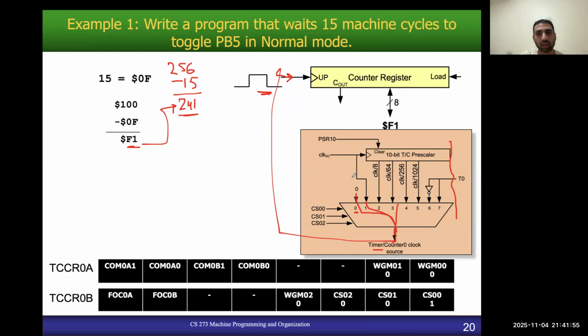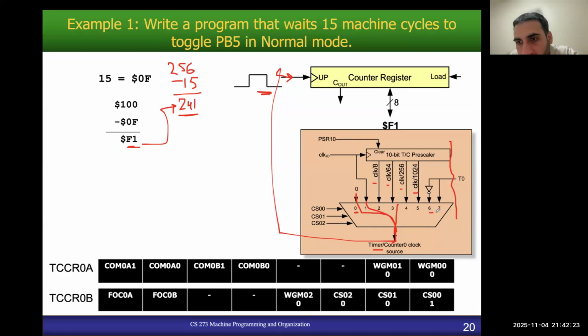So if your microcontroller is working at 8 megahertz, your timer will also operate at 8 megahertz. The next options 2, 3, 4, and 5 are slower clocks, where you are dividing the frequency by 8, 64, 256, or 1024.